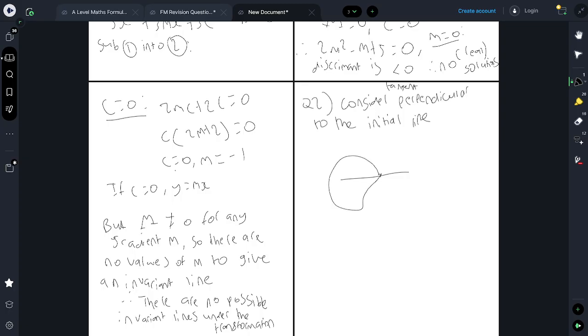Obviously, that's the starting point, and that's the initial line. A perpendicular to the initial line obviously has to be straight and vertical because it's perpendicular at 90 degrees. And to the curve, well, it's going to be looking like this, there and there.